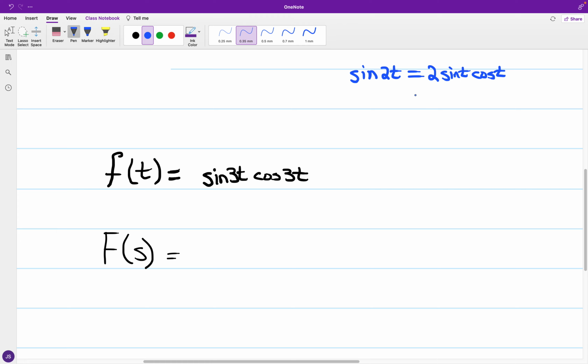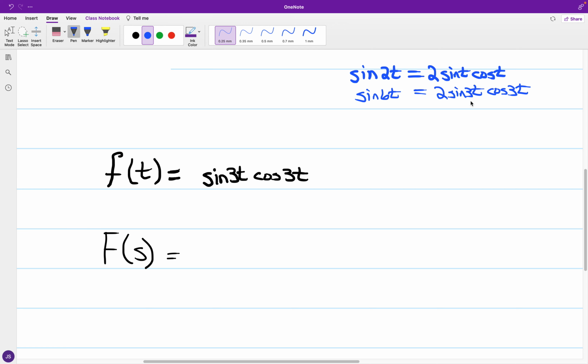But if I look at working with sine of 3t and the cosine of 3t, say if I have 2 times the sine of 3t times the cosine of 3t, well, that is going to be the sine of 6t.